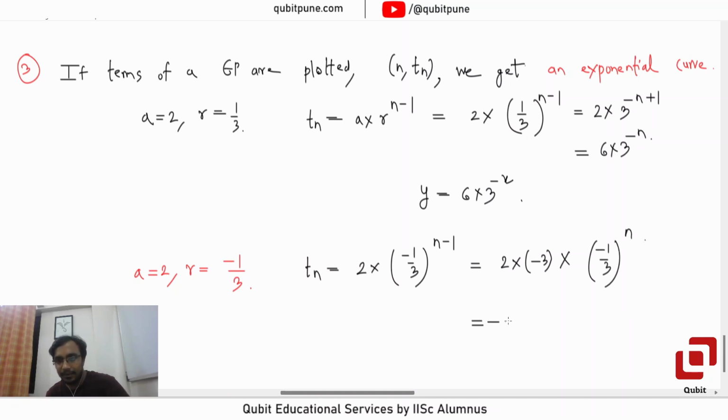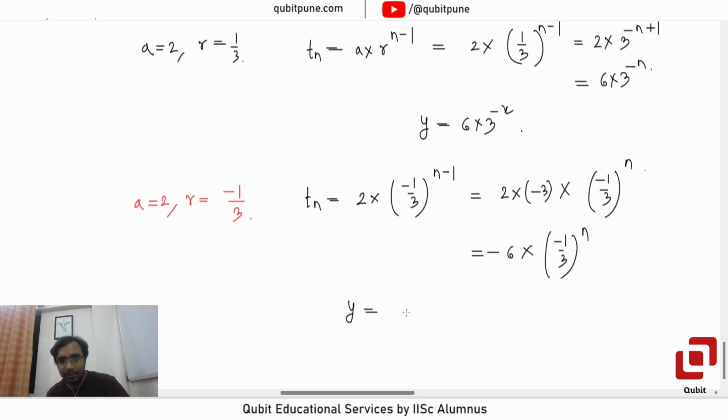So this is going to be negative 6 into negative 1 upon 3 raised to n. So which function shall we plot? y equal to negative 6 into negative 1 upon 3 raised to x. Okay, fine. Let's see.